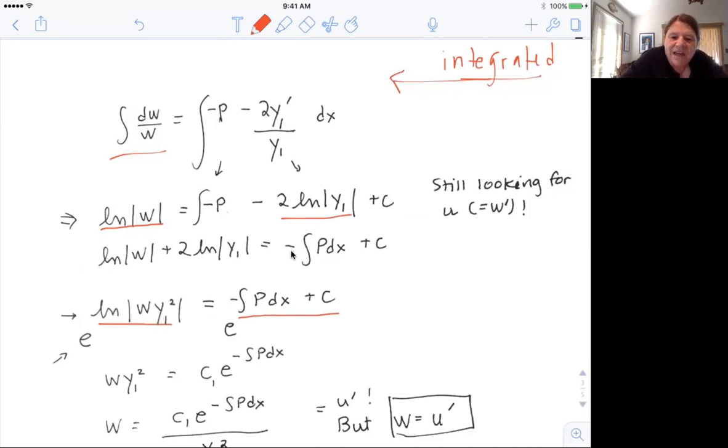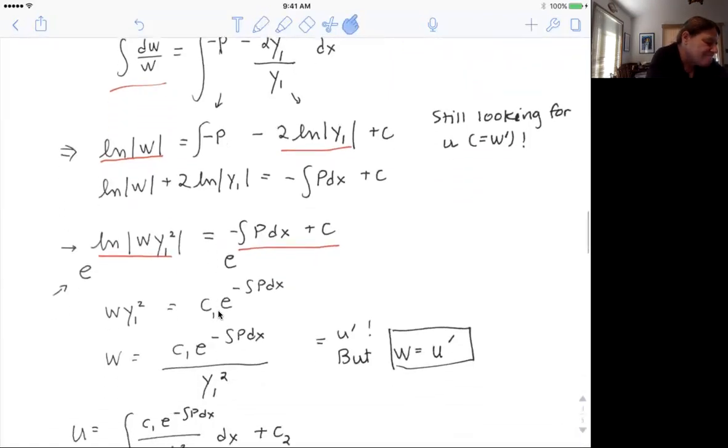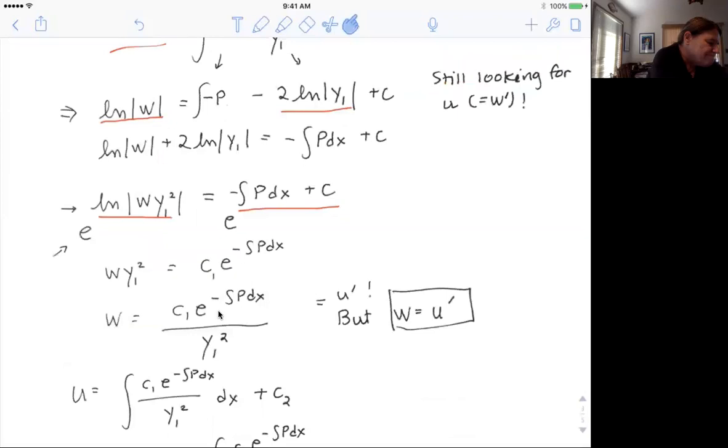What I have on the other side is just the minus integral P dx plus C. I took both sides to the E so I could undo that log. So that's what I did right here. I undid the log and I'm left with that, okay?